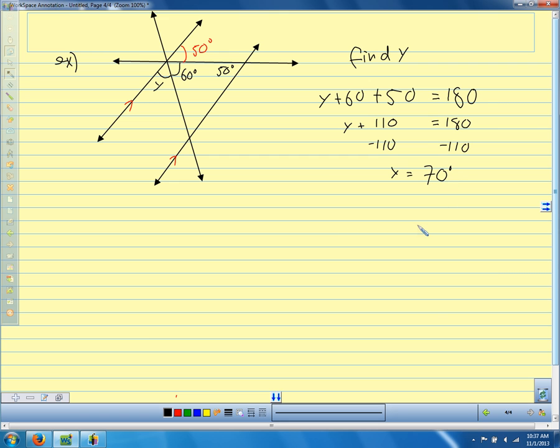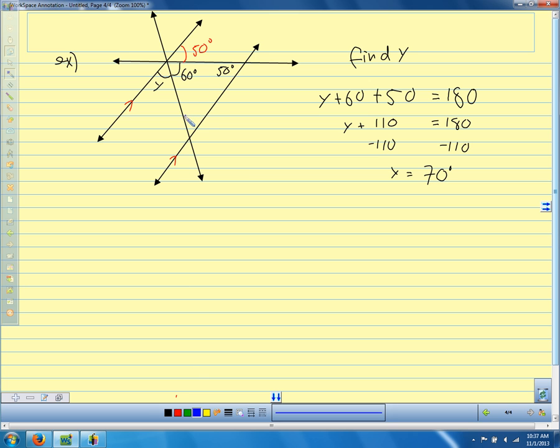Anybody see another way to do it? There was one other way that I thought of. What about these angles in here? What do all the angles inside a triangle have to add up to? 180.